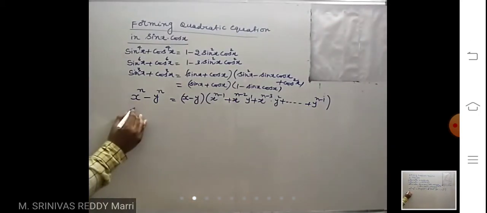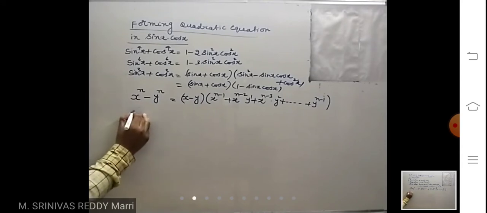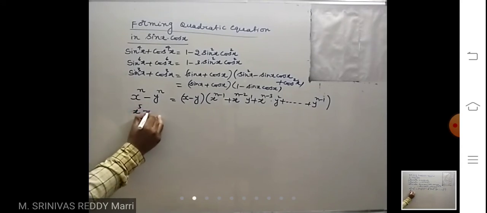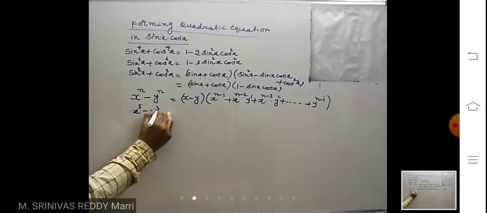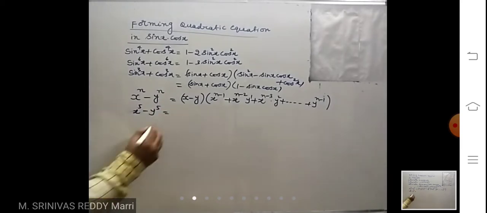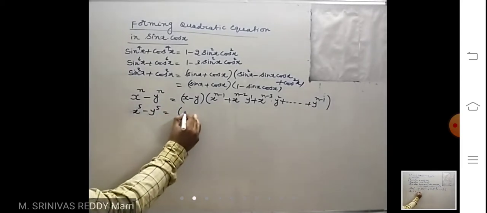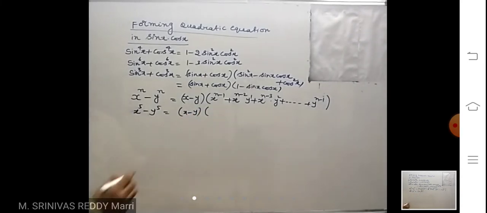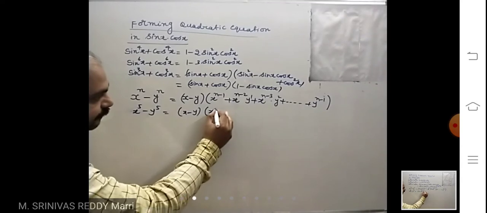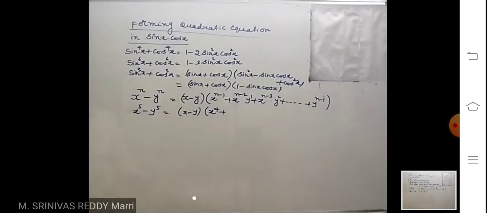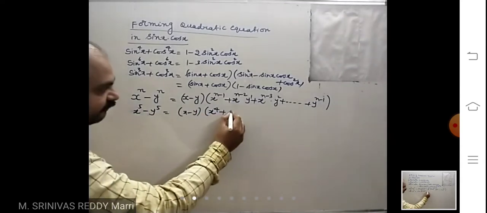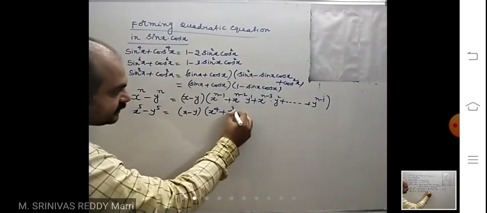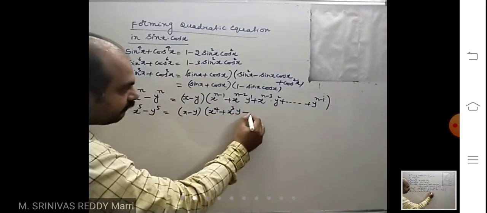Suppose higher powers come other than this. Suppose you want x power 5 minus y power 5. This is nothing but x minus y into x power 4, plus, since n minus 1 means x power 4, decrease x by 1, x cube y.